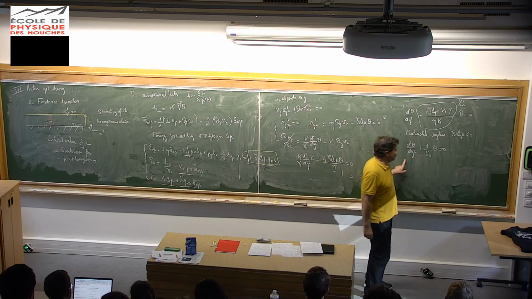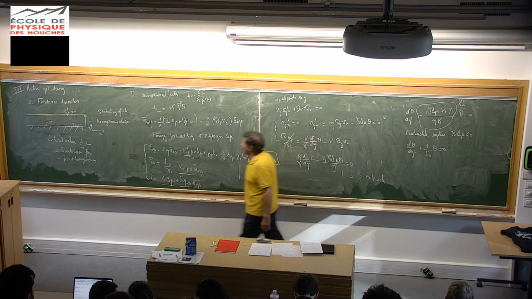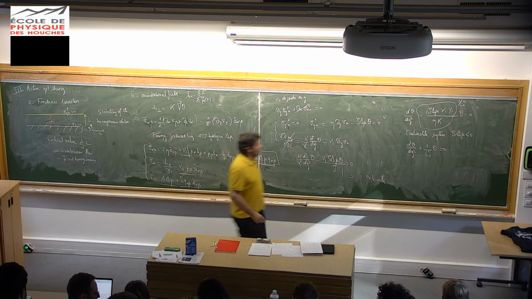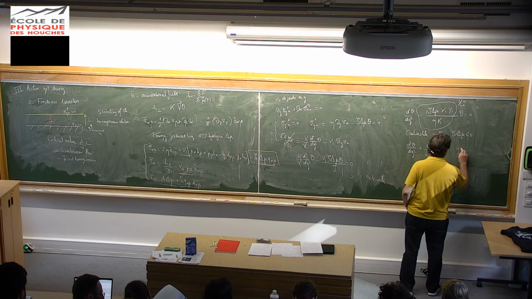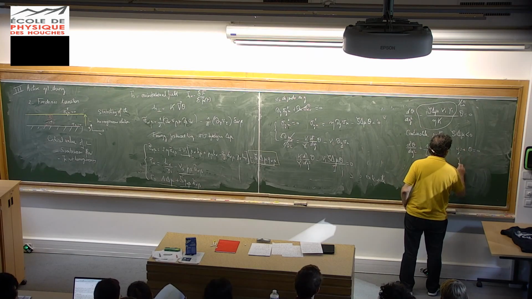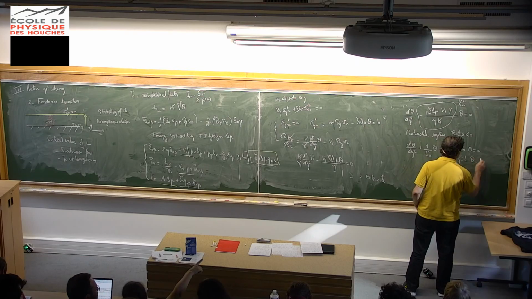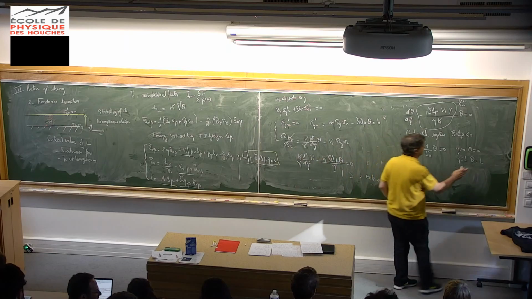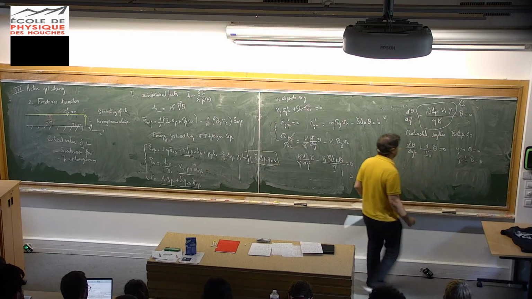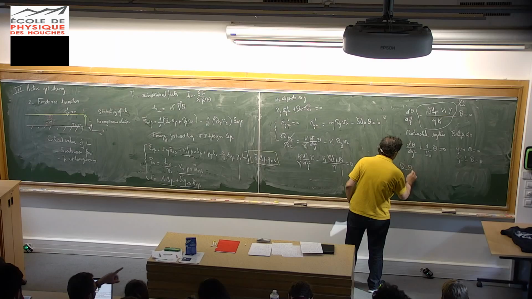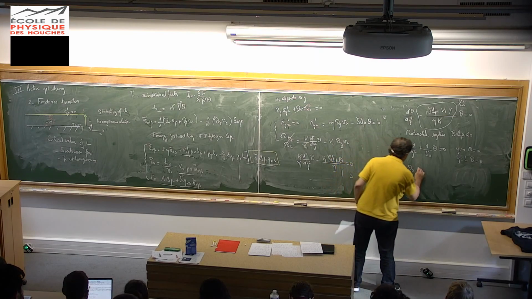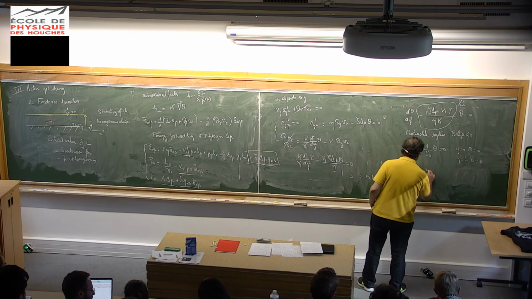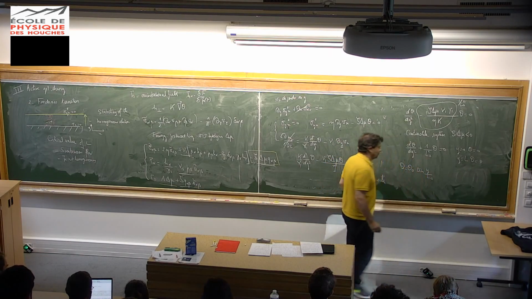Now I want to solve this with two boundary conditions, one here and one here. So if y equals 0, theta equals 0, and if y equals L, theta equals 0. Now the solution is theta equals theta 0 sine, because I want to impose this one, y over L0.